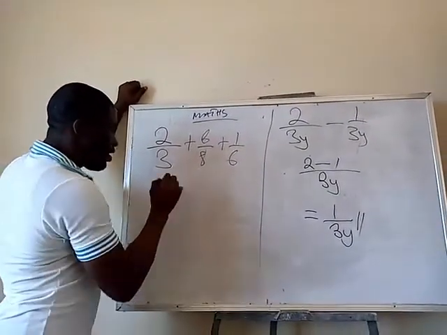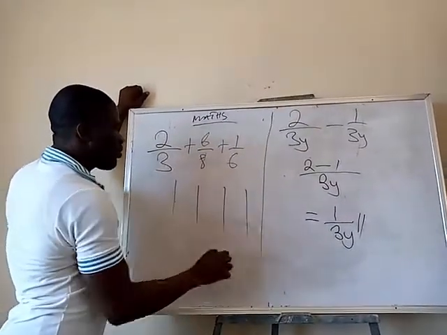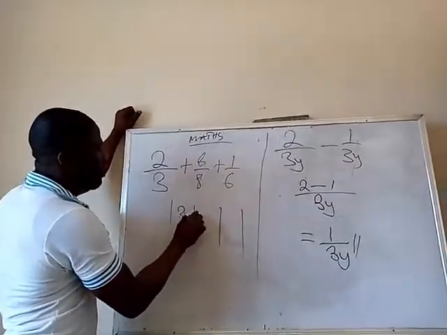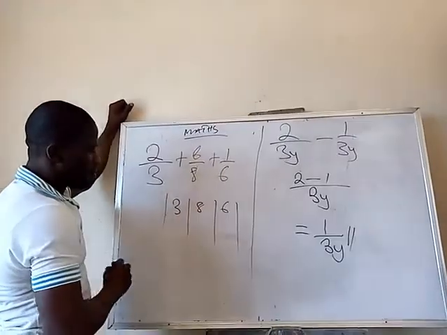You either draw your lines or use the same method we have been using, the first method. You have 3, 8, 6.